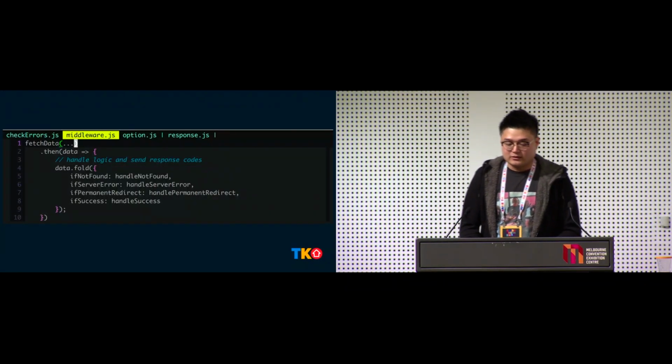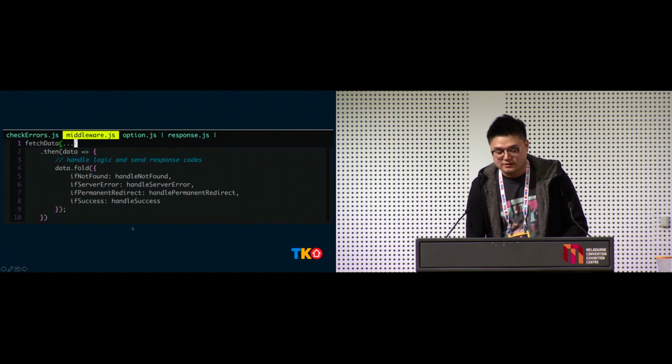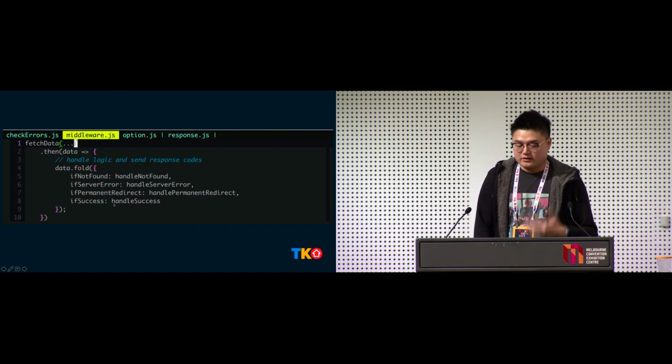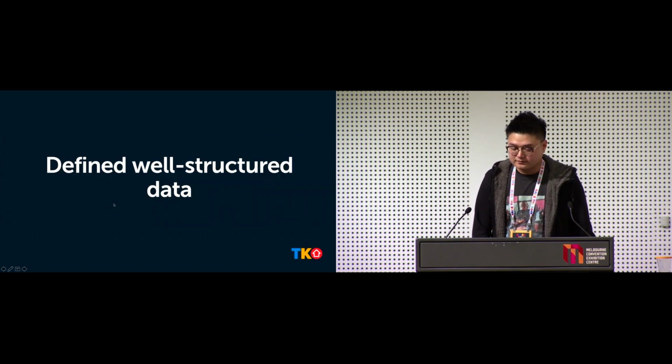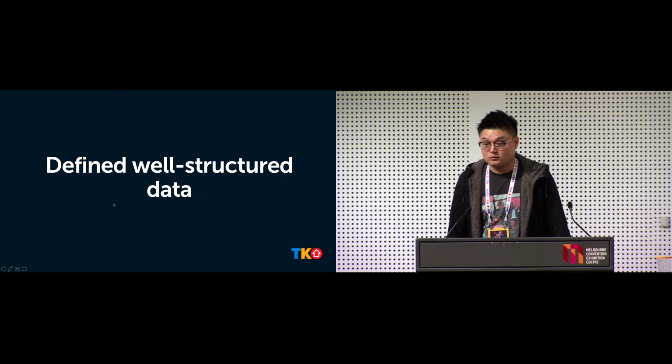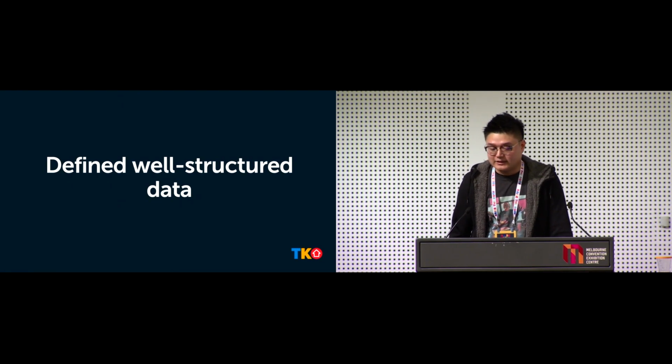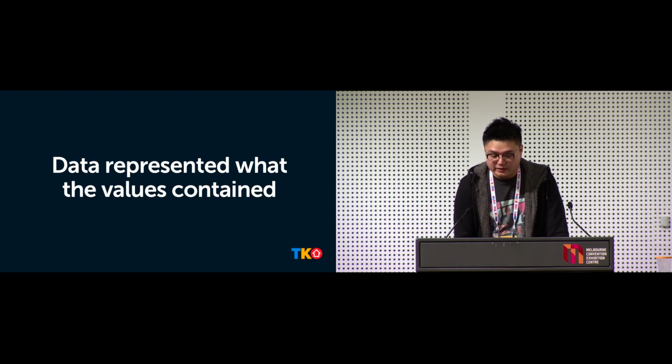So when we refactored our middleware, it looked like this. If we fold on the data, if it's not found, you just handle not found. If it's server error, you just handle server error, and all that cool stuff. So what did we really do here? We defined well-structured data, and the data represented what the values contained.